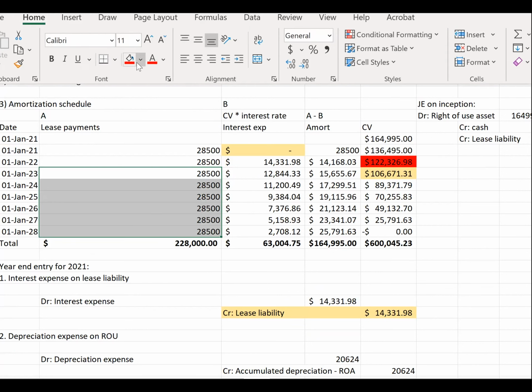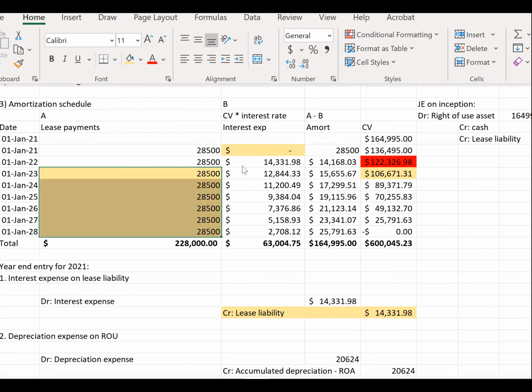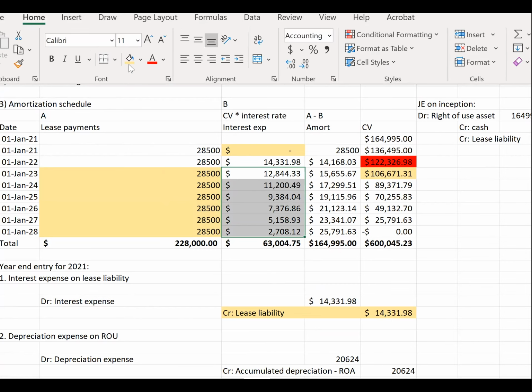So this is our 171,000. Okay, and then now what we're going to do is pick up the same period of interest expense. So 2023 forward is our interest expense of 2023 forward.